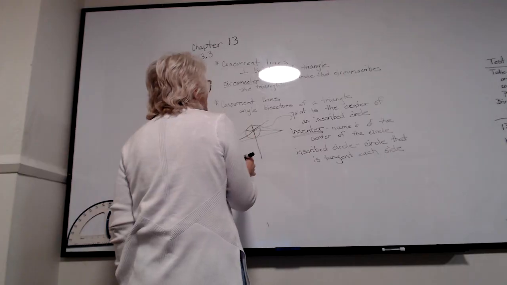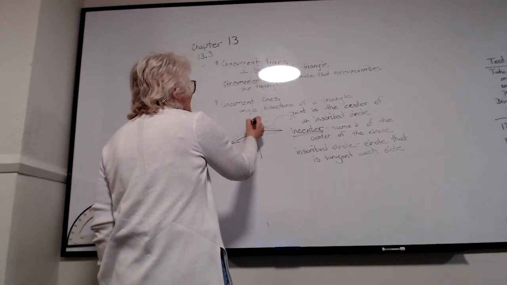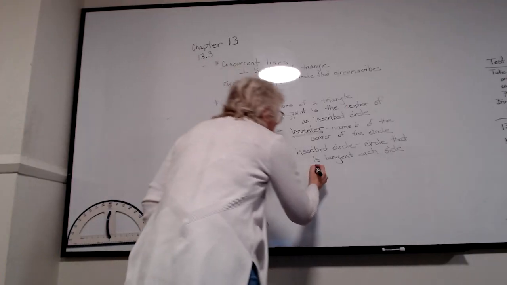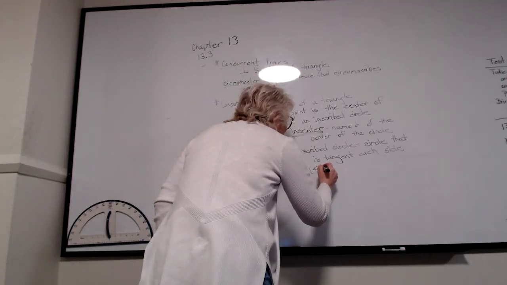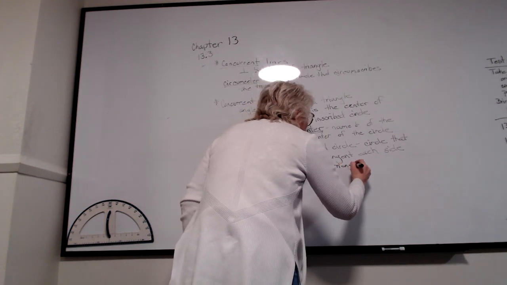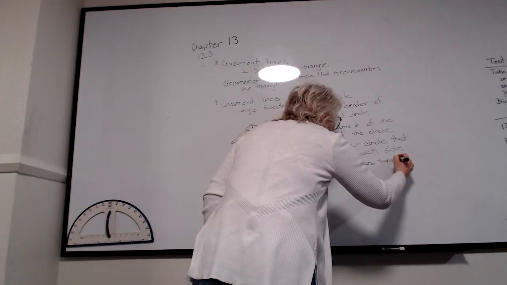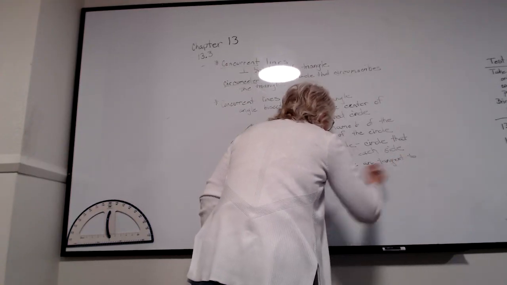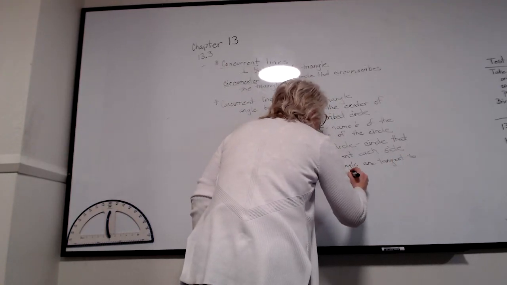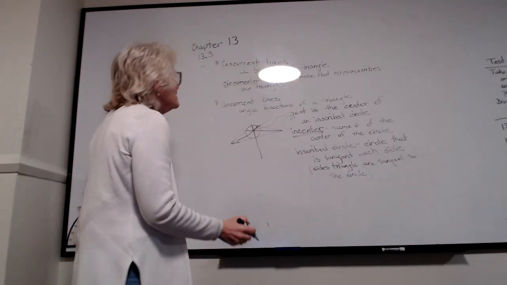The sides of the triangle are tangent to the circle.